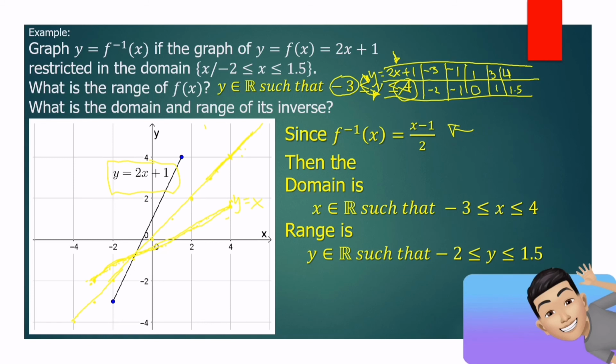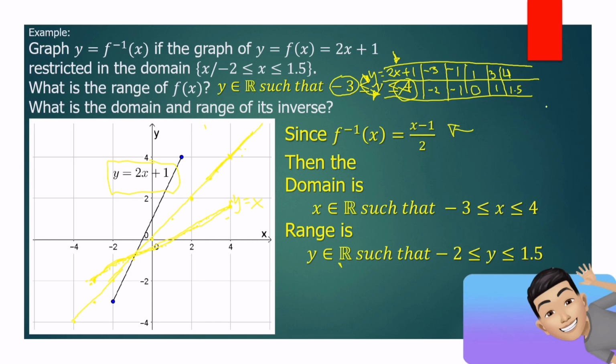Therefore, the domain is x such that x is greater than or equal to negative 3 or less than or equal to 4, while the range is y, which is an element of real numbers, such that y is greater than or equal to negative 2 or less than or equal to 1.5.